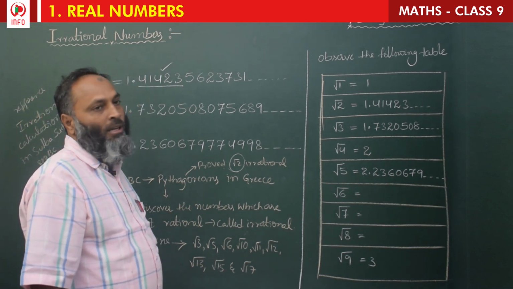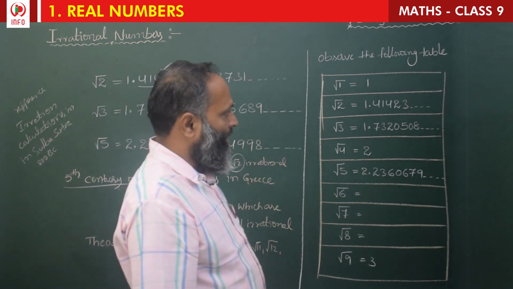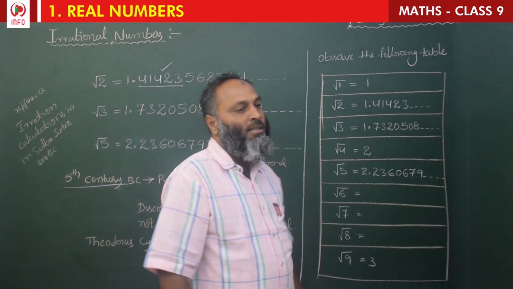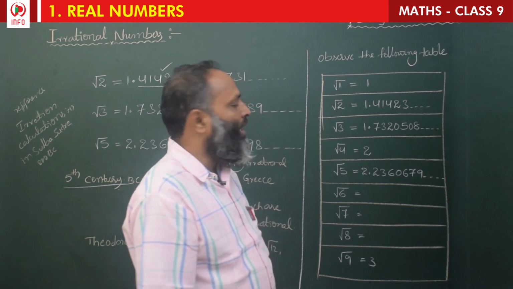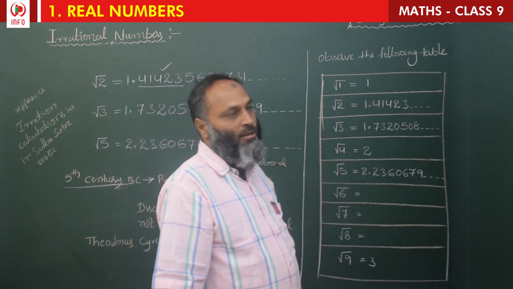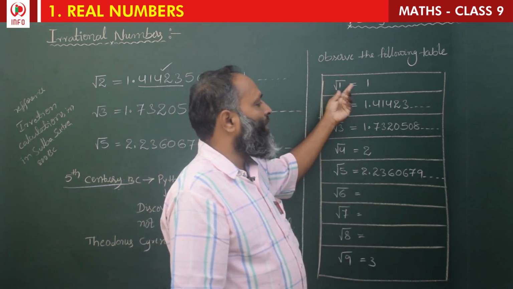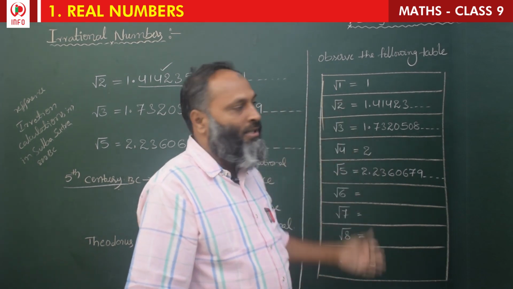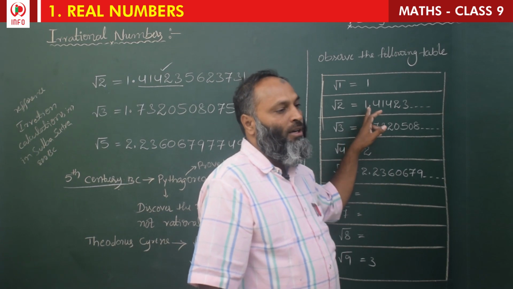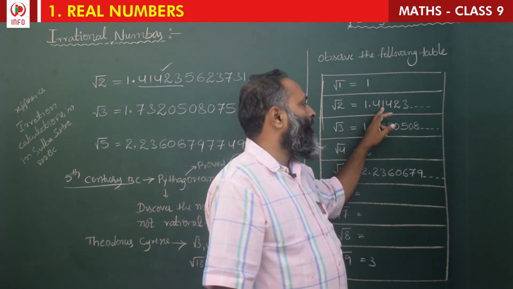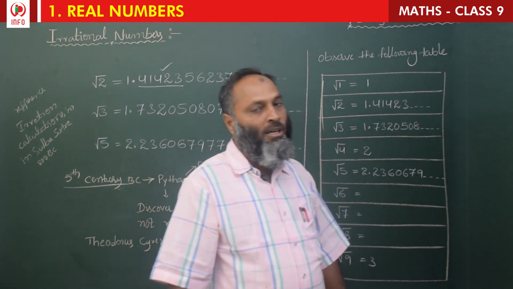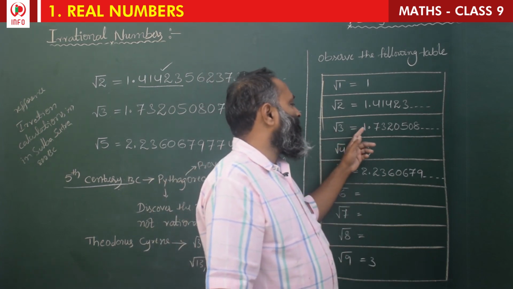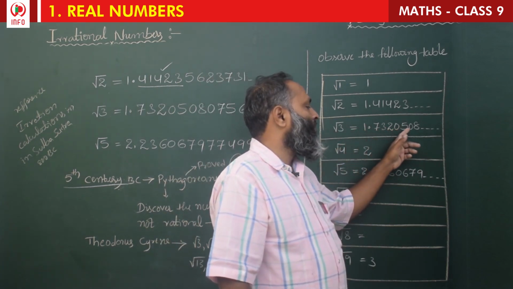Now when we observe this chart, we can easily understand the difference between rational and irrational numbers, and square roots also. Square root 1 is 1. Square root 2, which we found by the long division method, is 1.41423 and so on, it continues. Square root 3 is 1.7320508 and so on.